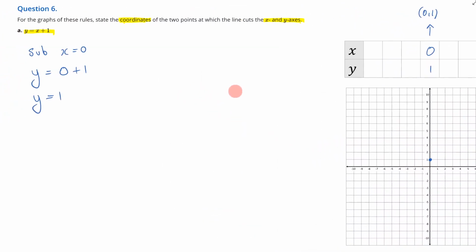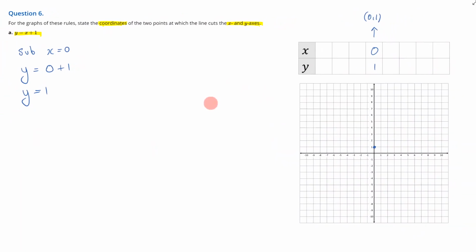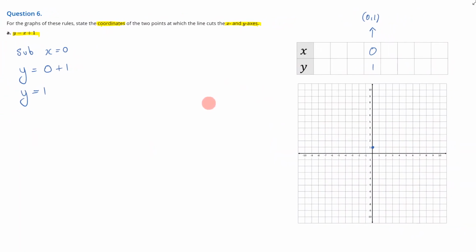All right, let's keep on going now. So the next thing I would do is just continually sub in values to get lots of points, and then I can draw myself a line. So I could go x equals 1. When I sub in x equals 1, y is equal to 1 plus 1, y is equal to 2. So it'll be a 2 here. So I would go 1, 2.